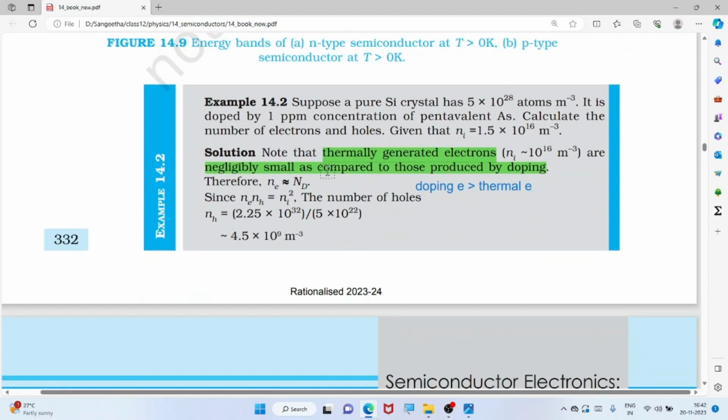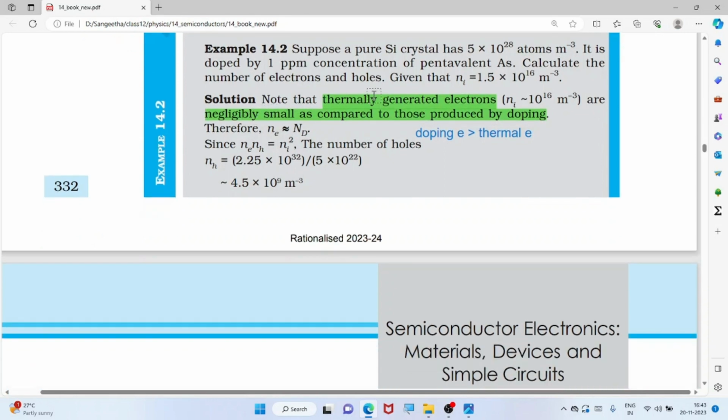Suppose a pure silicon crystal has these atoms. It is doped with 1 part concentration of the pentavalent impurity. Calculate the number of electrons and holes. Now we are doping silicon with arsenic and computing the number of holes and electrons. See here, the thermally generated electrons are much less than the doped electrons.